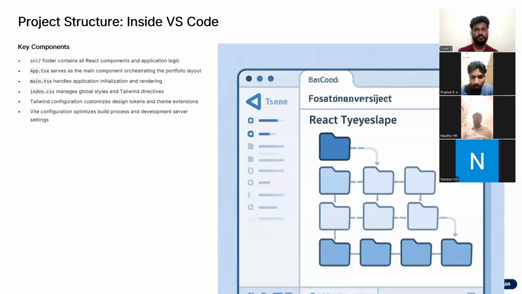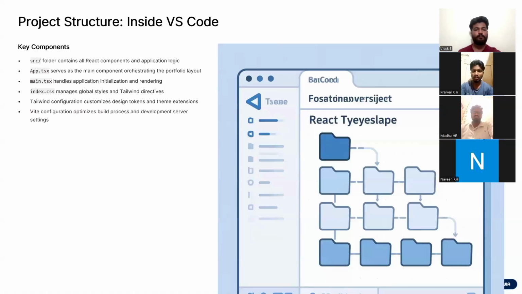Now I'm going to explain the project structure and how we are going to demonstrate it using VS Code. Before going to VS Code, we can see how the project structure depends on its components. The source directory contains all the React components and logic for the website. App.jsx acts as the main component for managing the layout and routing process.